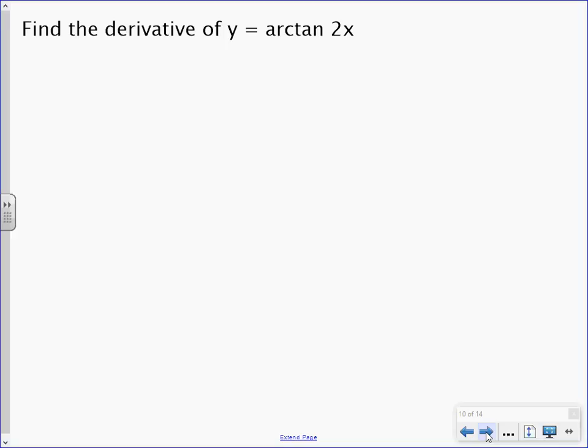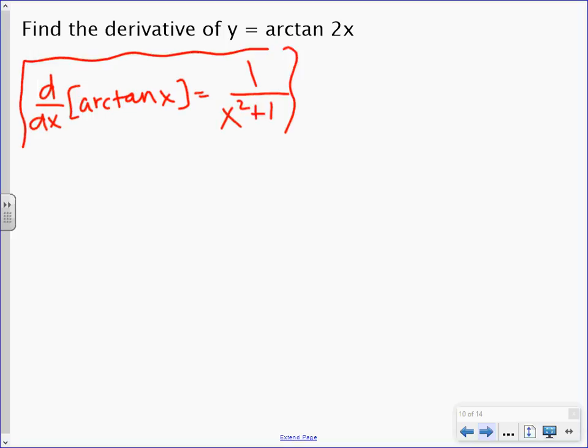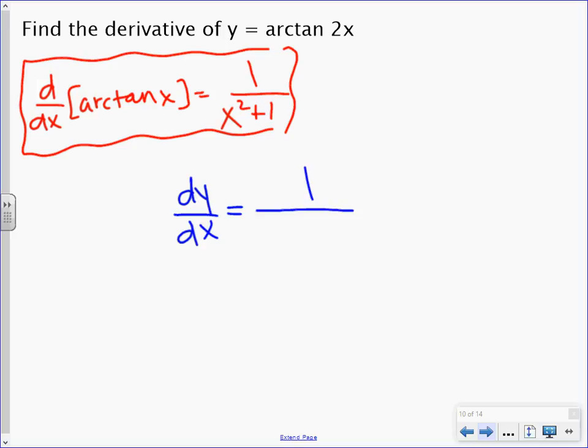So as a side note, we wrote down this rule. Don't write this down, you already have it. I'm just putting it up here for us to see up at the board. So if we take the derivative, dy dx, we have 1 over, what's going to go here instead?